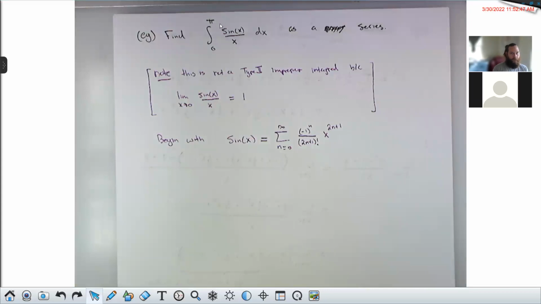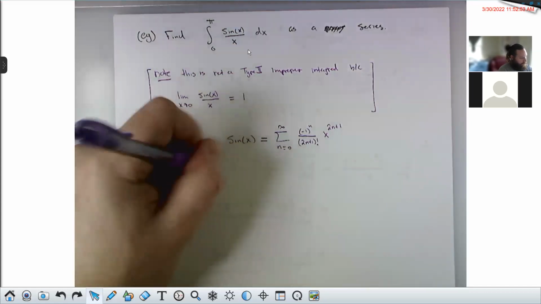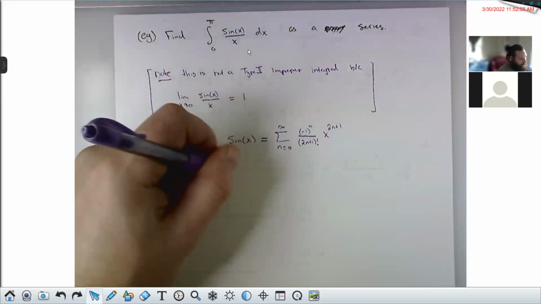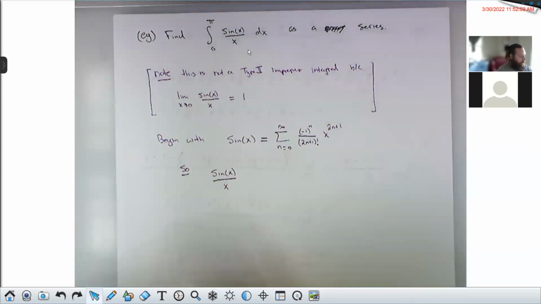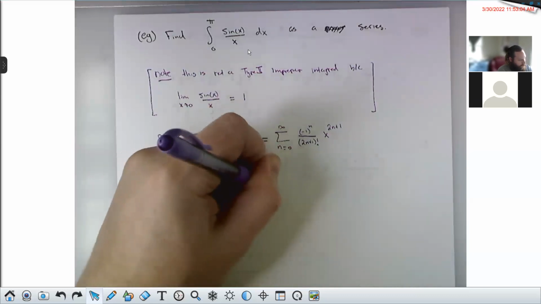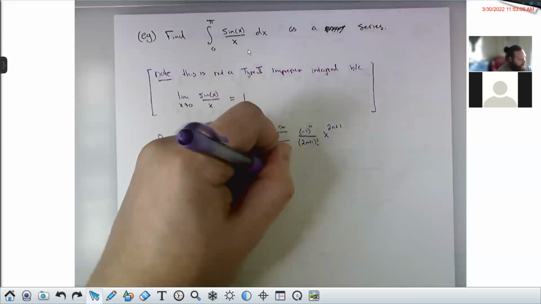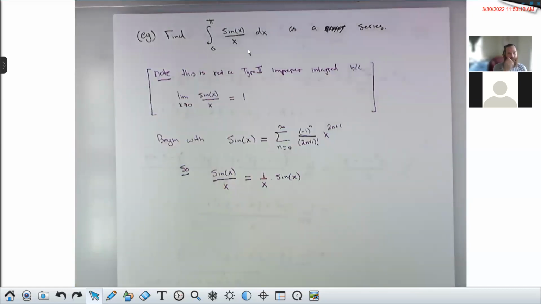And what I want is a power series for sine x over x. The trick there is to say, okay, well, I know what sine x is, and I know that dividing by x is the same as multiplying by 1 over x.